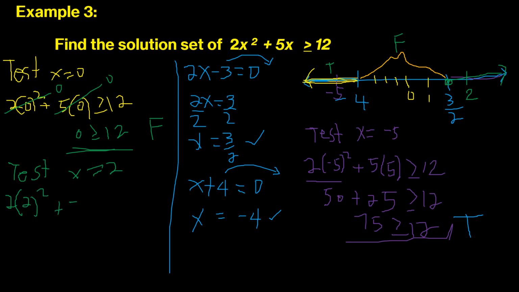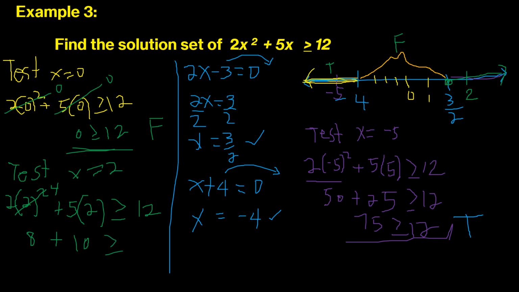plus 5x, but x is 2, is greater than or equal to 12. 2 squared is 4, and 2 times 4 is 8. Plus 5 times 2 is 10.